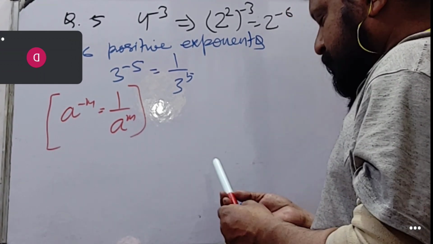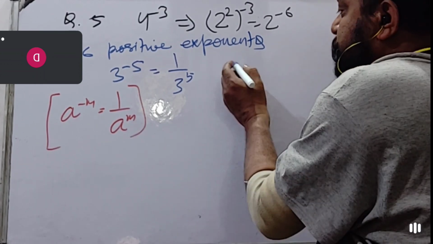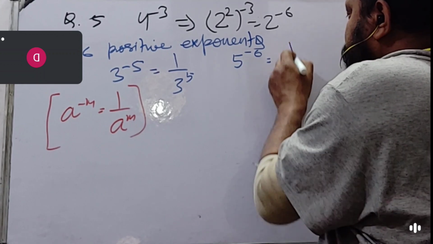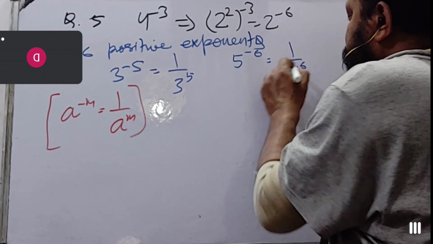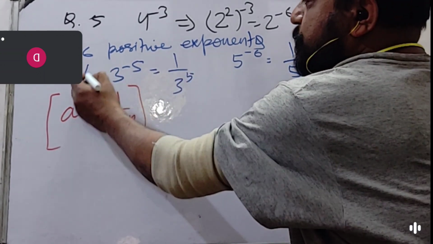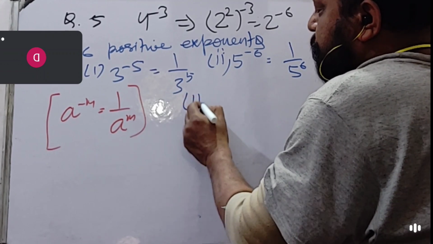Now go for the second. 5 raised to the power minus 6 means 1 upon 5 raised to the power 6. This is the first one, then we have the second, and then the third.